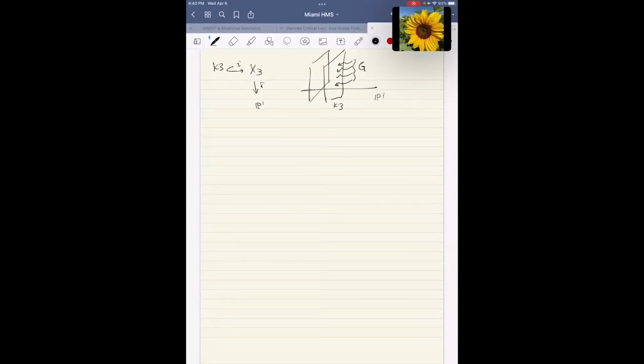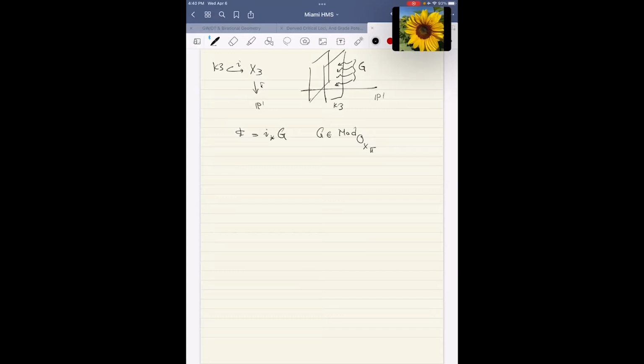In fact, these sheaves are always the push forward of the sheaf G over the fiber, where G is a module over the structure sheaf of the fibration. So these are K3 modules, all K3 modules.